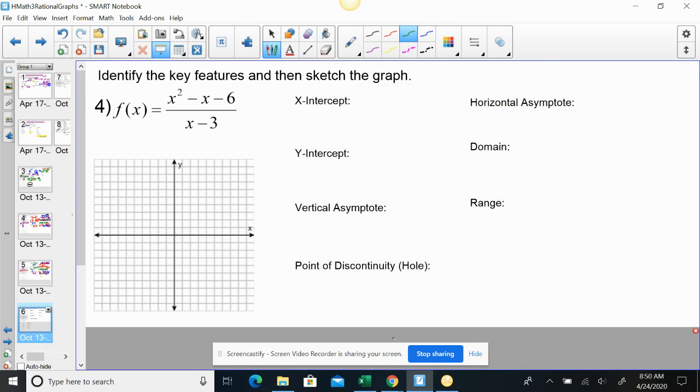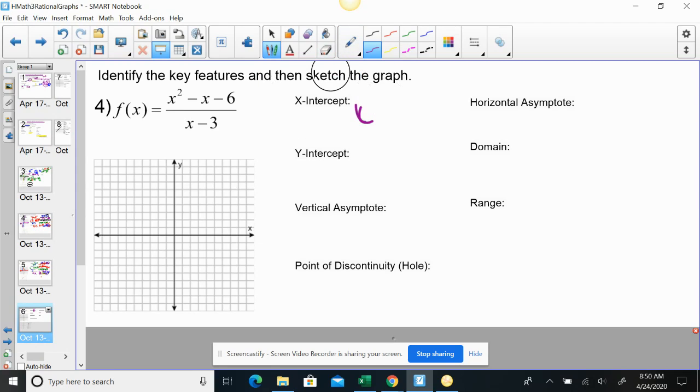All right, example 4. Try it before I do it, please. All right, here we go. X-intercept, set your numerator equal to 0. So x squared minus x minus 6. So we're going to have -3 and +2. I'm thinking that this pen is really making me mad and I don't know what I'm doing.